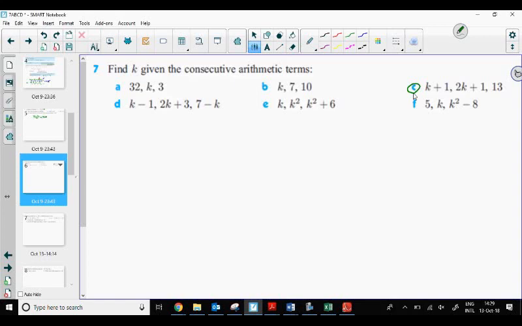It's given that these are arithmetic terms. If they're arithmetic terms, that means that 2k plus 1 minus (k plus 1) is going to be equal to the common difference. But 13 minus (2k plus 1) is also equal to that same common difference.